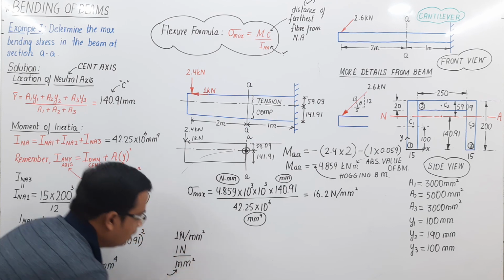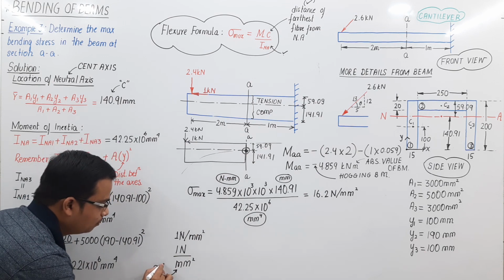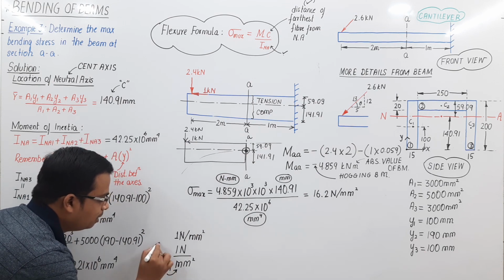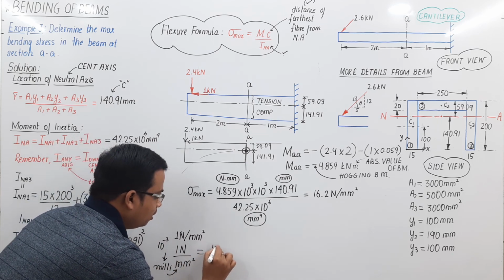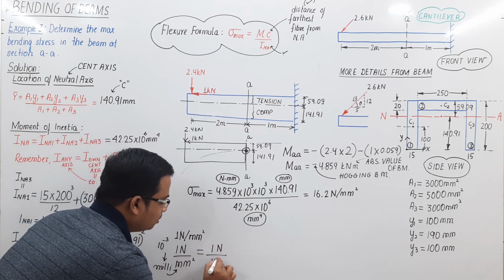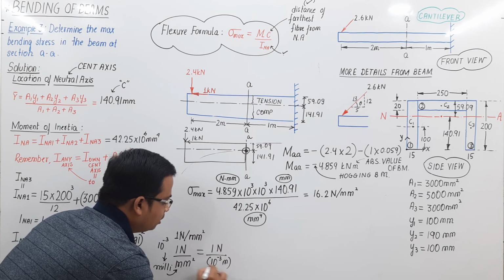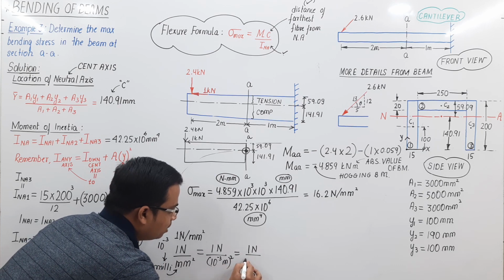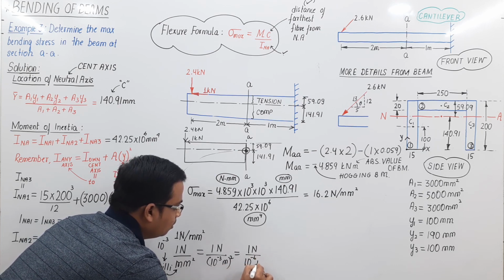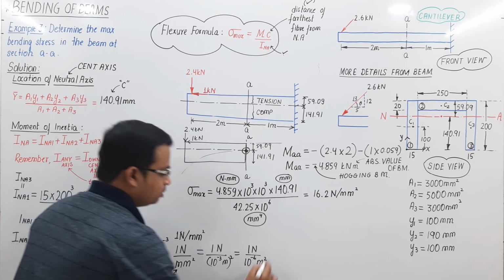What is m? M is nothing but milli. What is milli? It is nothing but 10 raised to minus 3. So what is this? 1 Newton per 10 raised to minus 3 meter, and its square. That's equal to 1 Newton divided by square of 10 raised to minus 3, that is 10 raised to minus 6 meter square.